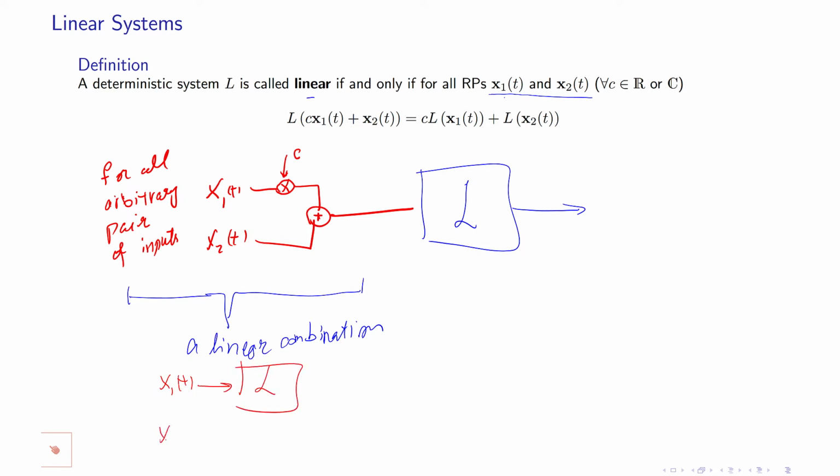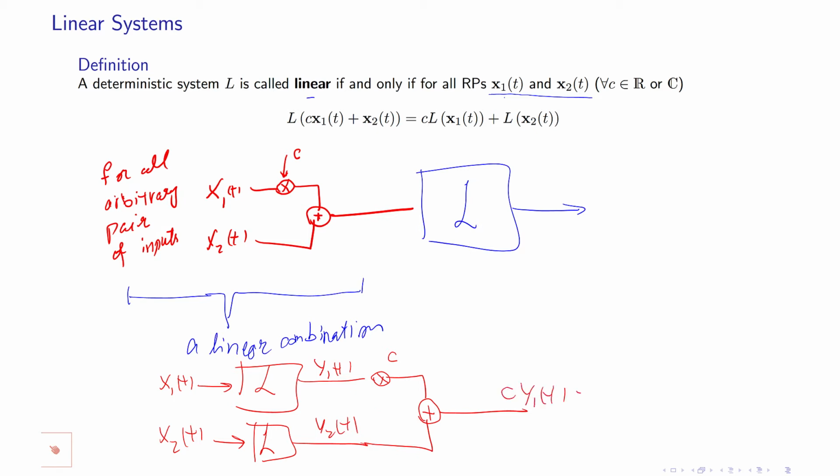I could give x2 of t also to this linear system L, and then I could multiply these by a scalar number c, and then I add these two. So here I get y1 of t, and here I get y2 of t, and then here I get c y1 of t plus y2 of t. In other words, I have changed the order of the linear combination and the linear system.